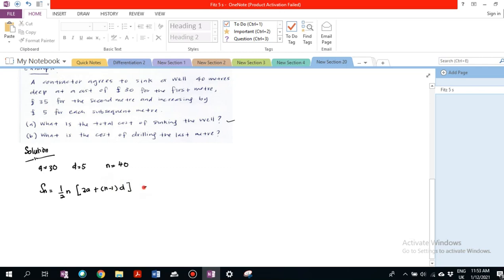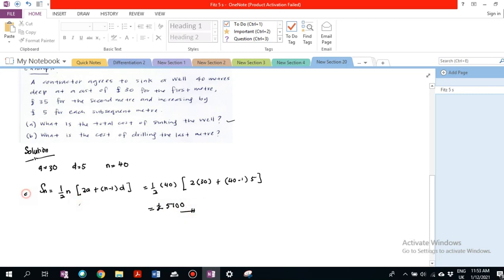So we have 1 over 2, n is 40, then 2 times a, which is 30, plus n minus 1, which is 40 minus 1, then d is 5. When you solve this, you will get 5,100 dollars. So this is the total cost of the well.